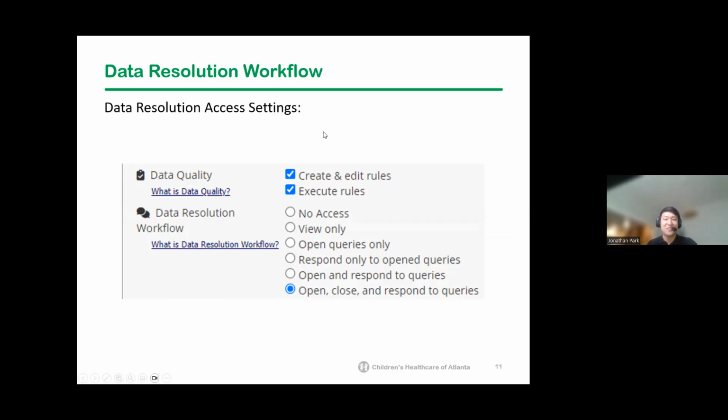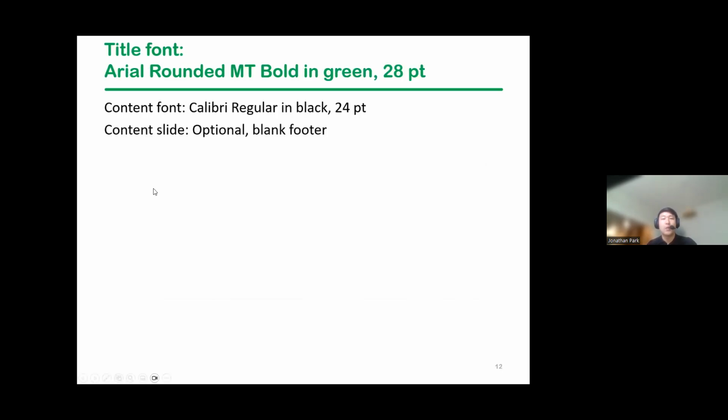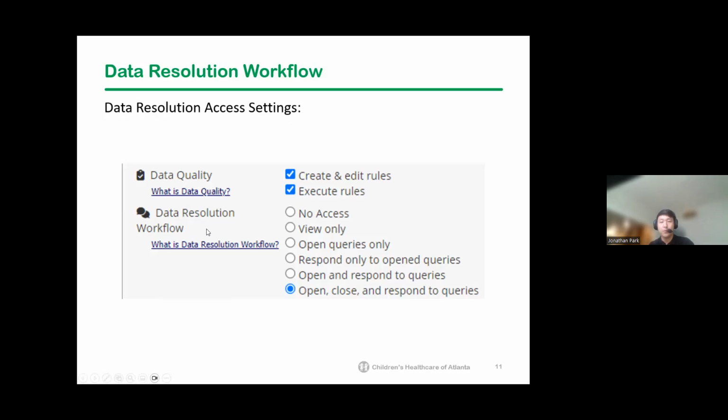We have database folks here, but so when you open a query for the data resolution workflow, what this is going to do is allow you to assign it to people that have respond access in your project to then review any data issues within your project for a record. So by opening those queries, you can have somebody else review that field and respond to them.